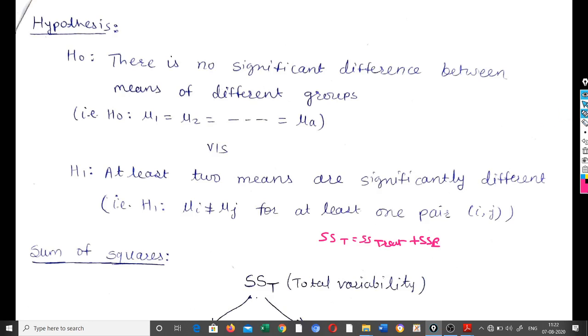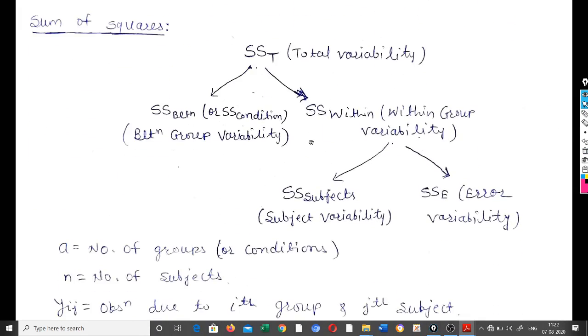But in this case, SST is divided into two parts: SS between and SS within. Just like your one way ANOVA, this is divided into two parts.